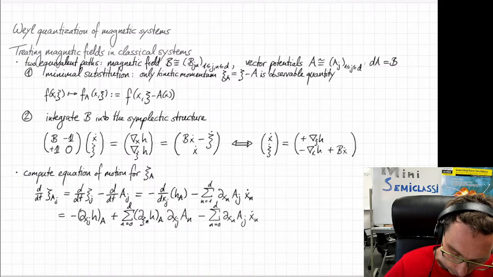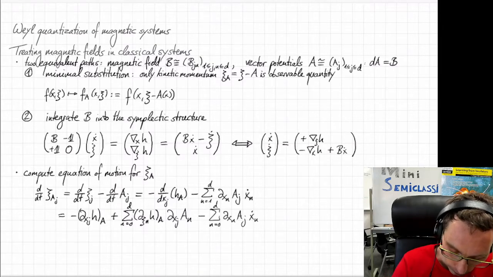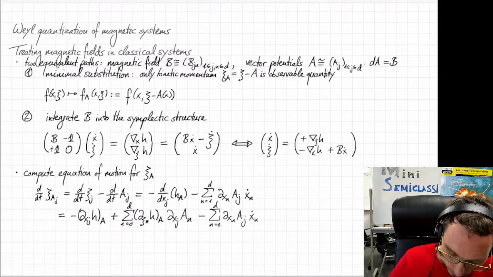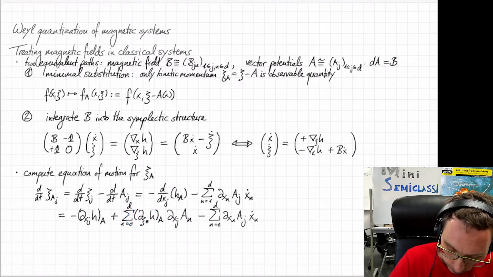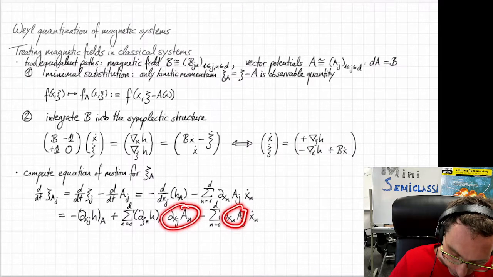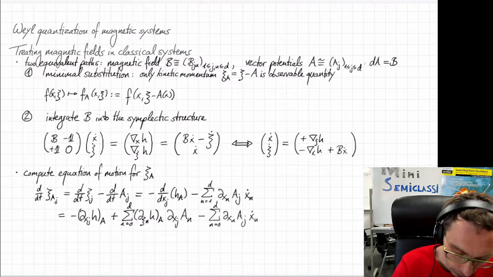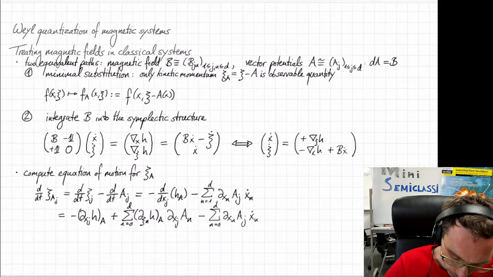So if you look very carefully, then you already see that, okay, this here, the first term is just x dot, the nth component of x dot, of the velocity. And then we have two terms that are almost the same. It's just that the components here are reversed. And that's exactly what we want, because this gives us the Jn component of the magnetic field.